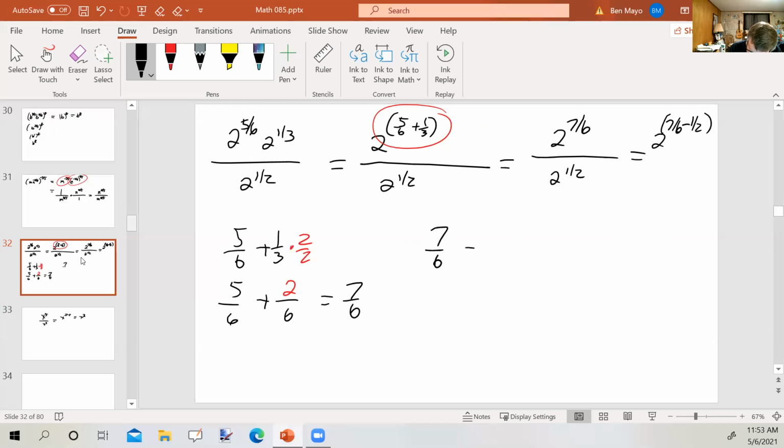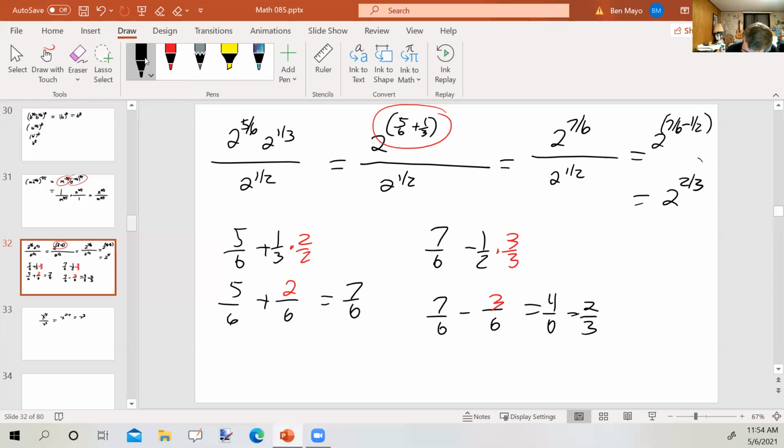Well, 7/6 minus a half, the common denominator is still a 6. 7/6 stays 7/6. I multiply the 1/2 by 3 over 3. 7/6 minus 3/6 is 4/6, which reduces down to 2/3. So I end up with 2 to the 2/3 power. That's my final answer after all of that.